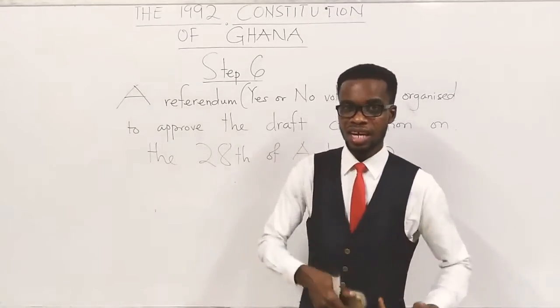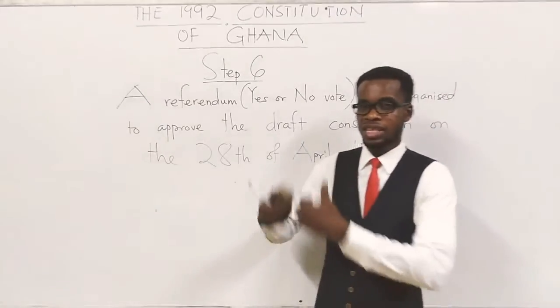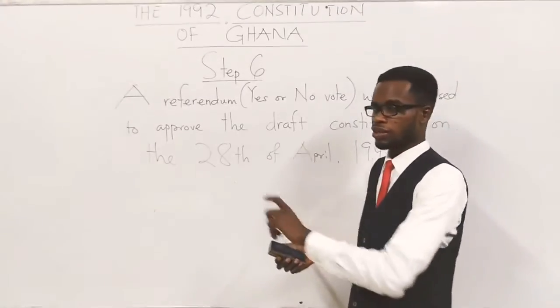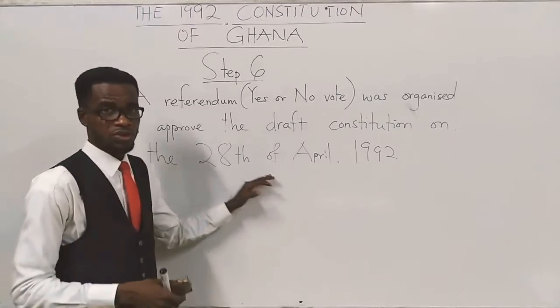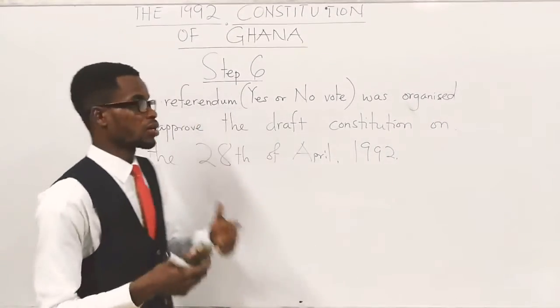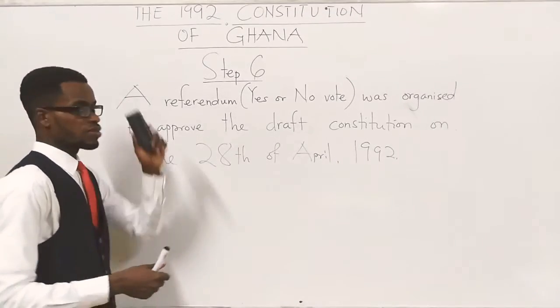The president-elect will be sworn into office the following month, which is in January of the next year, on the 7th of January. So we know that previously it was this constitutional day, but now we have the 7th of January as our constitutional day. So this happened under step 6.